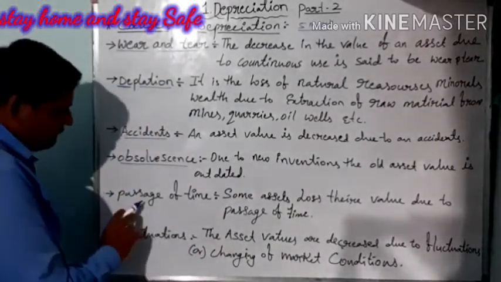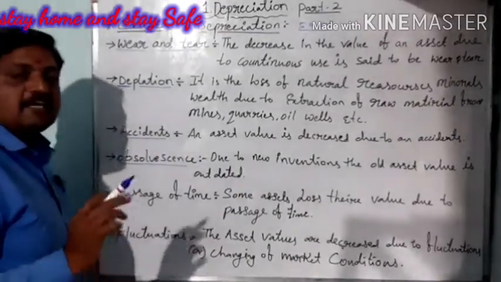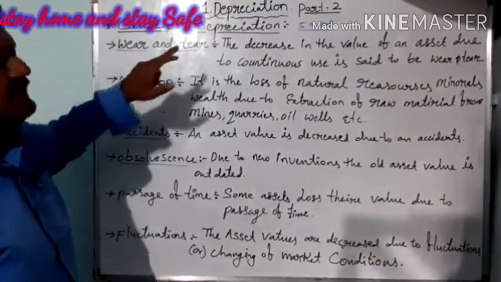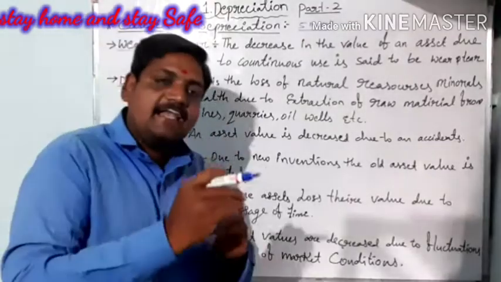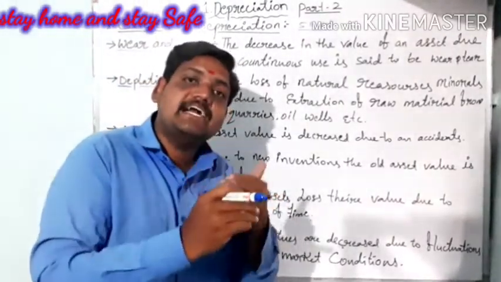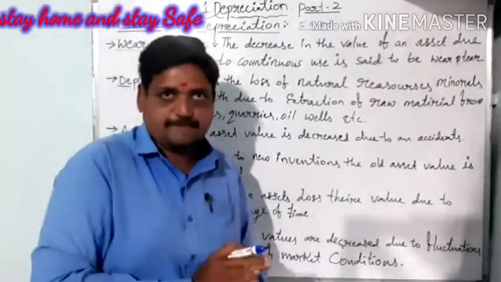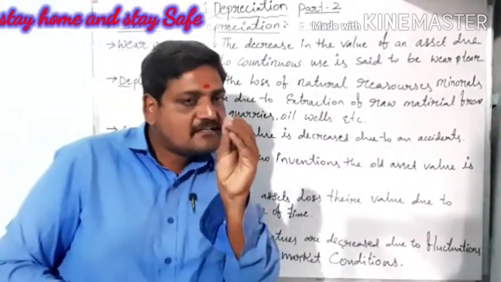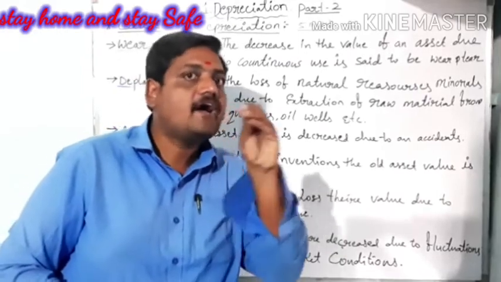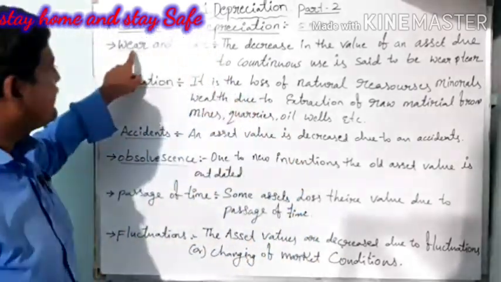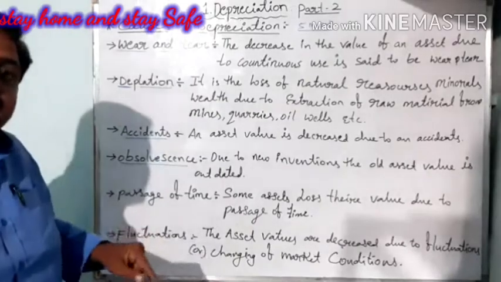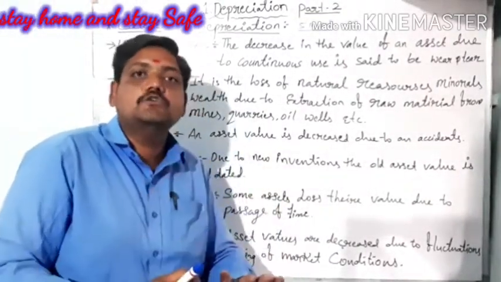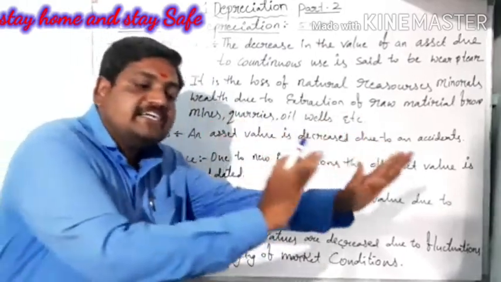Then, passage of time. Here we discuss one thing: wear and tear is nothing but asset values decreased by the continuous use of the asset. That is one of the major causes. But some conditions are not applied in the case of wear and tear, because sometimes some assets decrease in value by the passing of time.